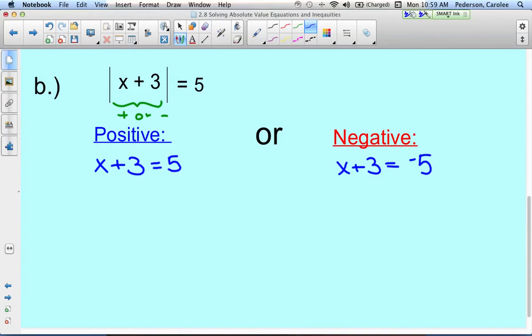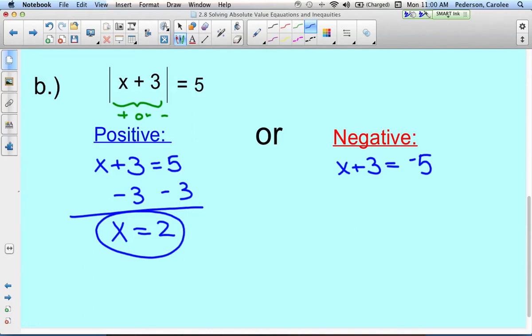So in this first equation, we will subtract 3 from both sides. So we get x equals 2, or, subtract 3 from both sides, x equals -8.